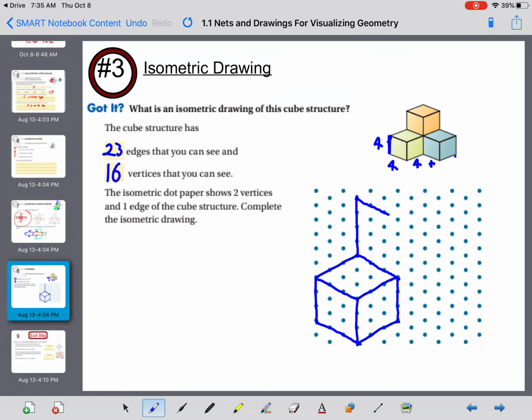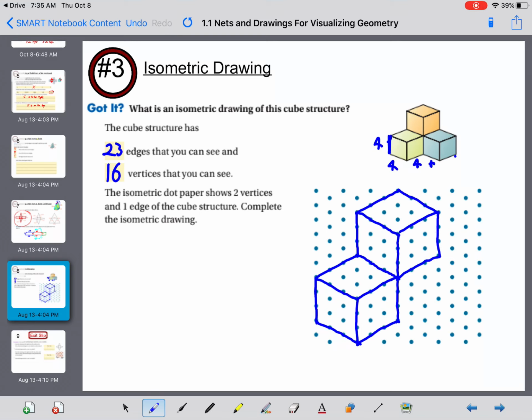1, 2, 3, 4. Oops. 1, 2, 3, 4. There's the face. There's the top.